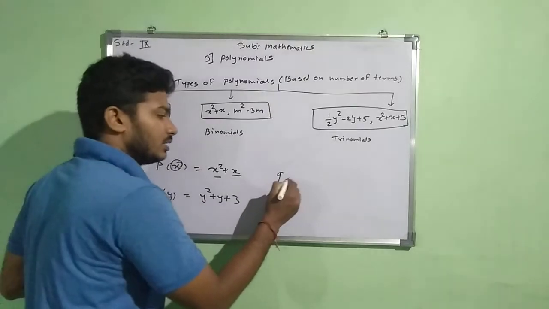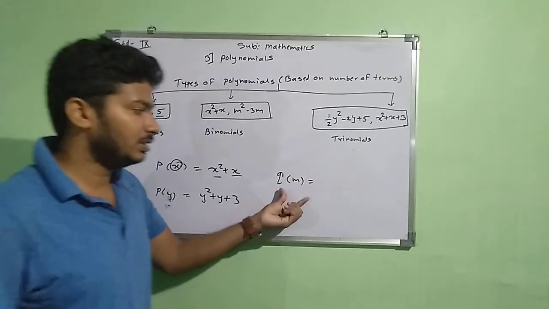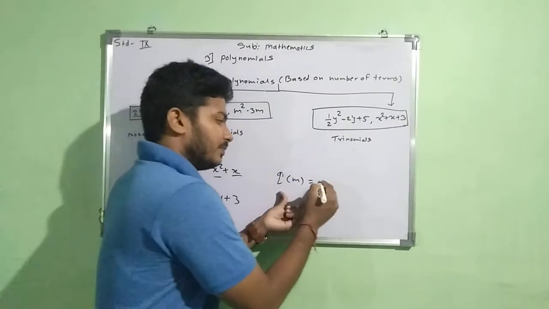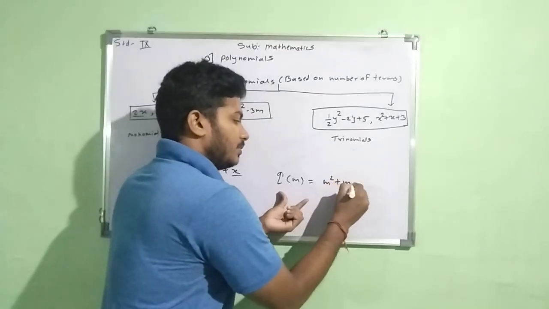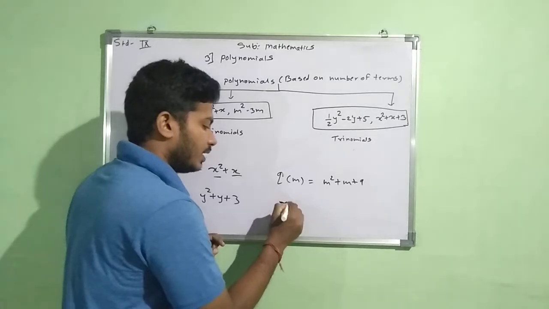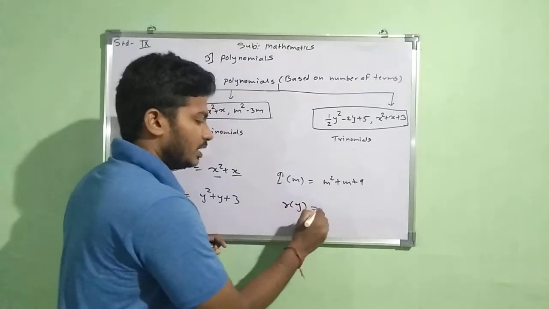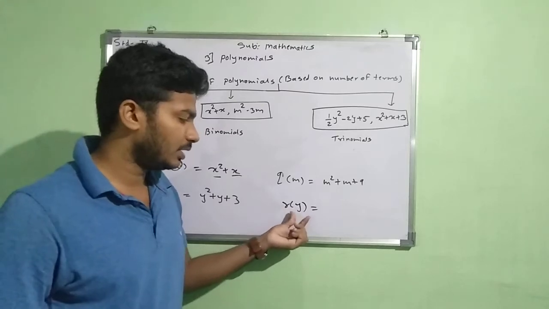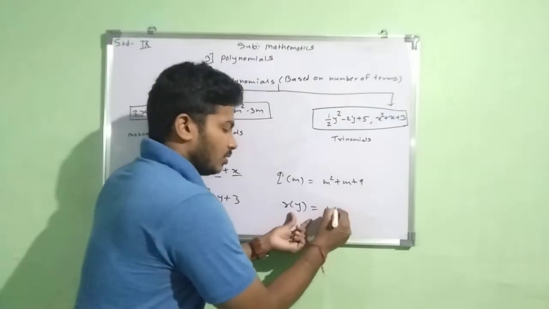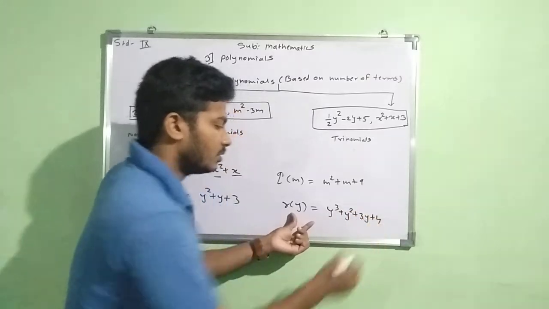Similarly, we can also write q of m. That means in the polynomial we are using the variable m, so m square plus m plus 9. Then r of y, small letter r, that means in the polynomial we are using the letter y: y cube plus y square plus 3y plus 4, like that.